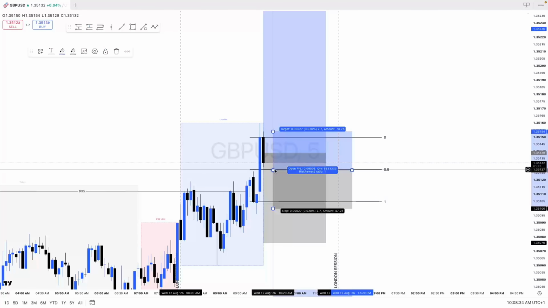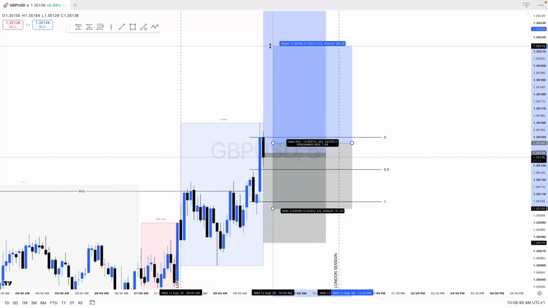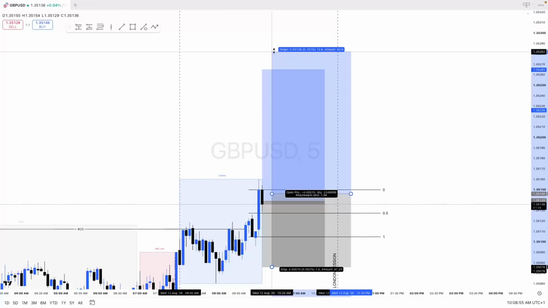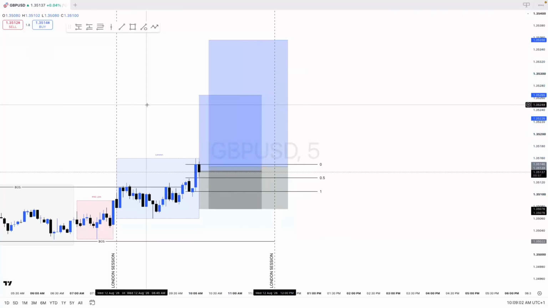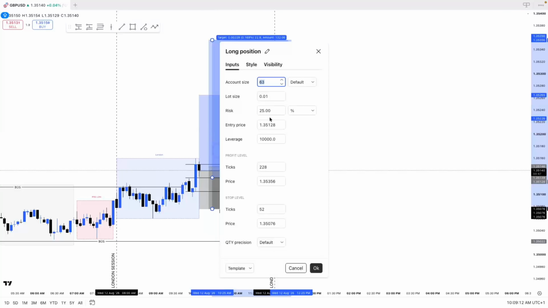On this account, 1.3546. Stop loss there. Targeting a 1 to 3. That's there. And this is that. Then that is a 127.